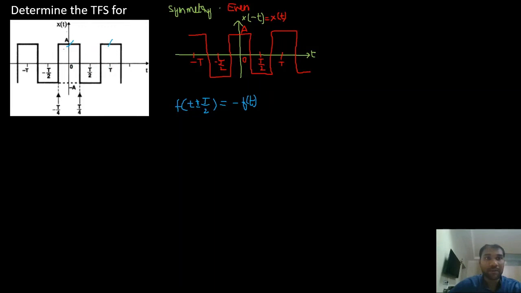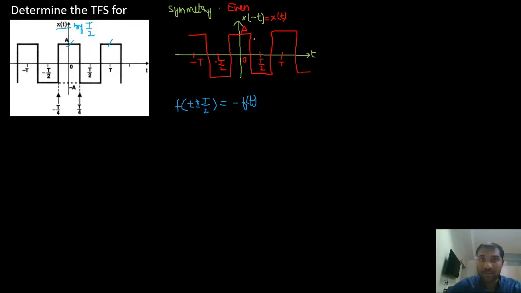So if I shift my x of t by half of my time period, that is t by 2, it should be equal to negative of f of t. So I am going to shift my x of t by t by 2. So whatever is there at 0, it should start at t by 2, right?